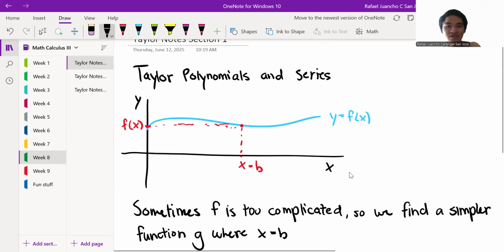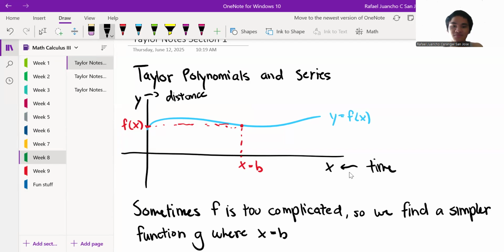This could be like, let's say, the distance, if we want to contextualize this, or let's say this is the time. So after X seconds, this is the distance, how many meters the car has covered.